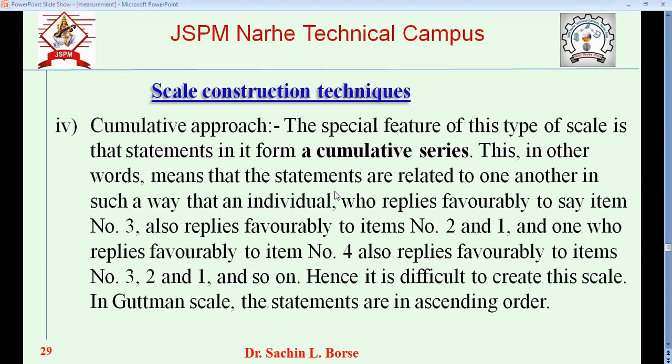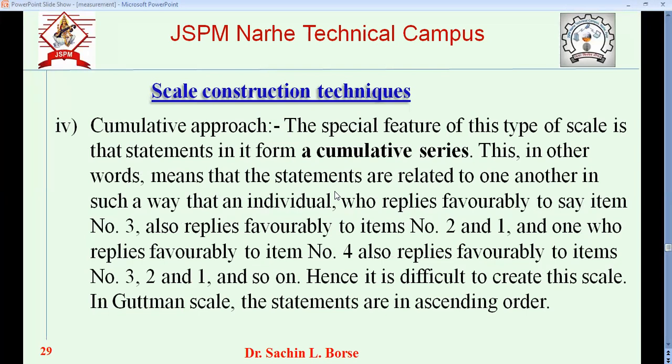A special feature of this type of scale is that it is in a cumulative series. Cumulative series means that if question number 3 is correct, it is also agreed that questions 1 and 2 are agreed. So we have to arrange in a cumulative series.